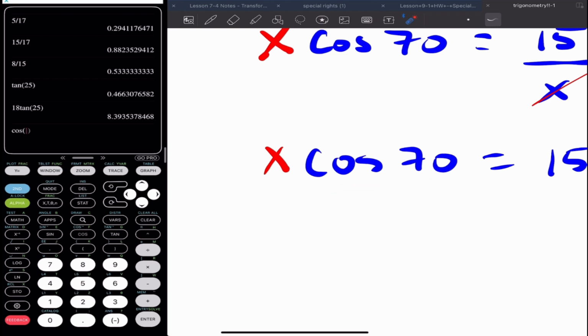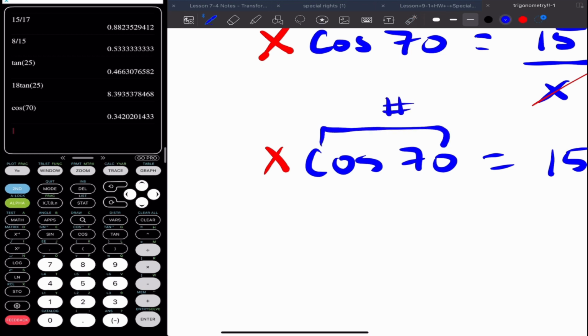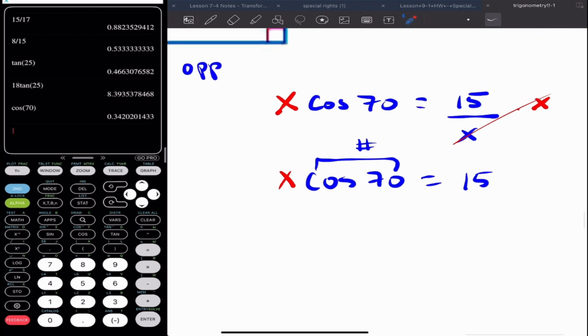Cosine of 70 is a number, right? So it's a number. This here is a number multiplied by x. So if I have a number multiplied by x, what do I have to do on both sides? We're actually going to have to divide both sides by this number.